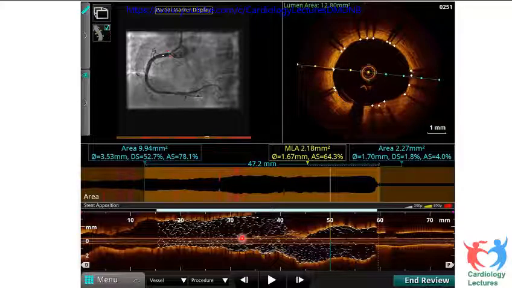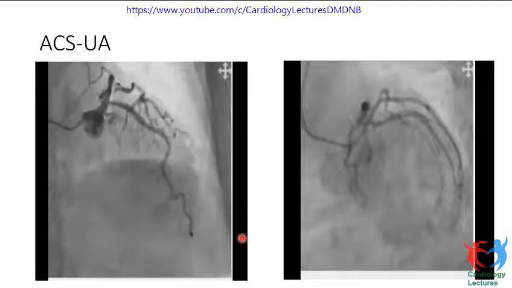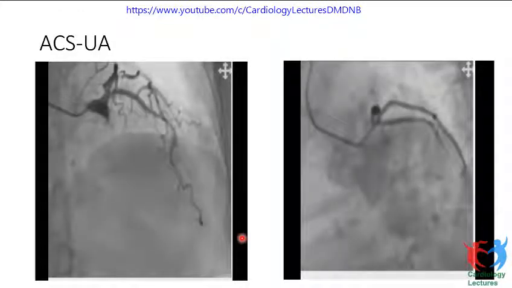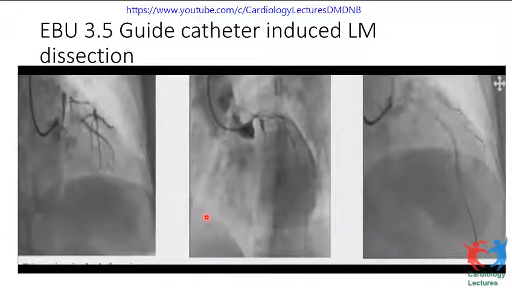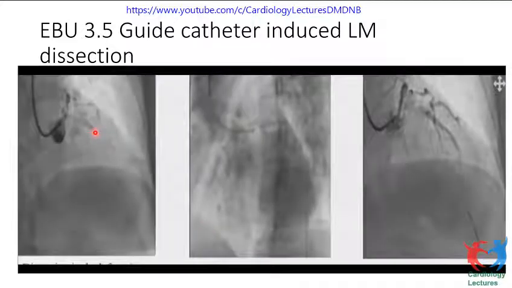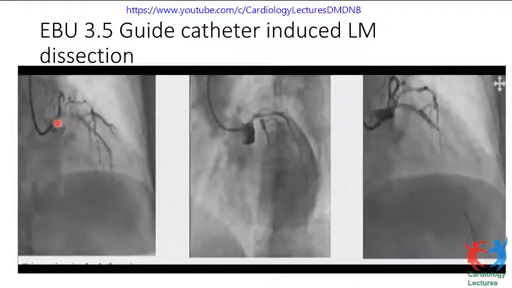This is a patient who had unstable angina. These are the left-sided lesions you see there. And when they wanted to do an FFR in this borderline lesion, you just concentrate on this point here. There is a flap here at the left main ostium itself.